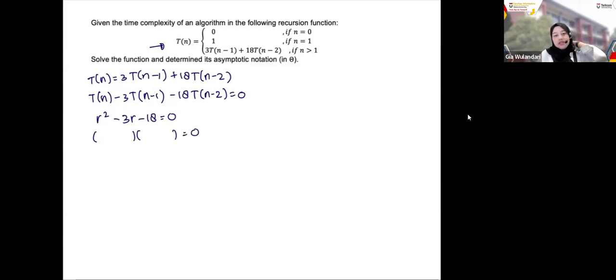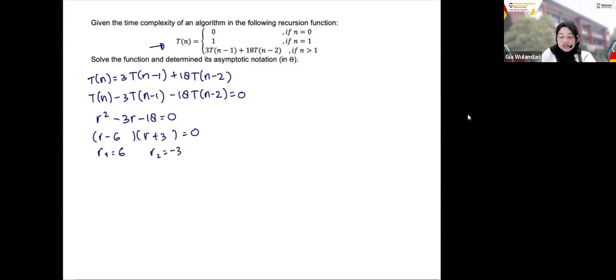For example, here we need two numbers that, if we multiply them, give minus 18, and if we add them, give minus 3. So it will be minus 6 and plus 3, right? So the solutions we have are 6 and minus 3.